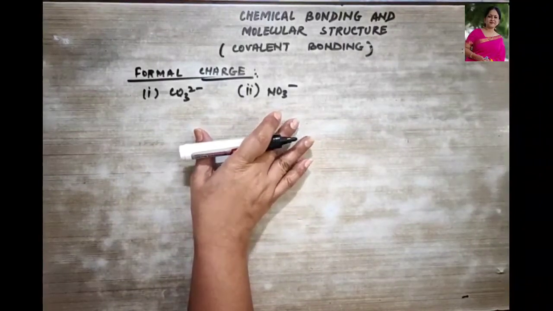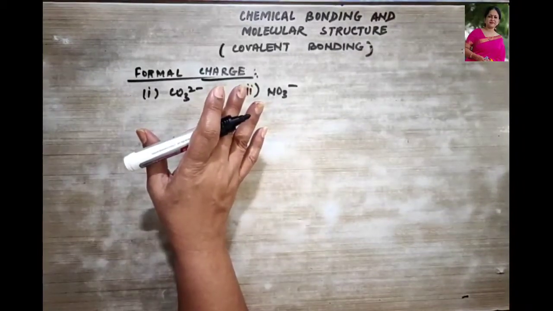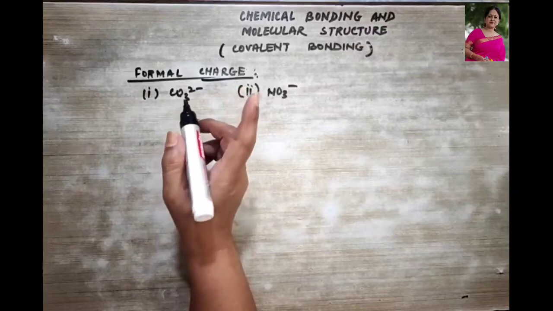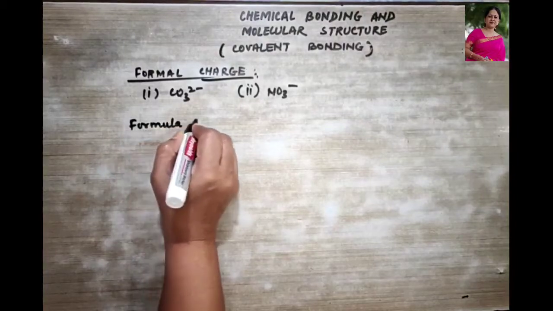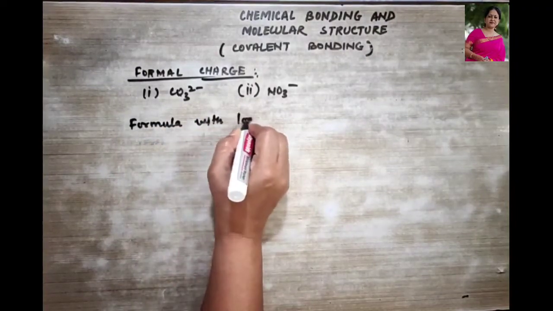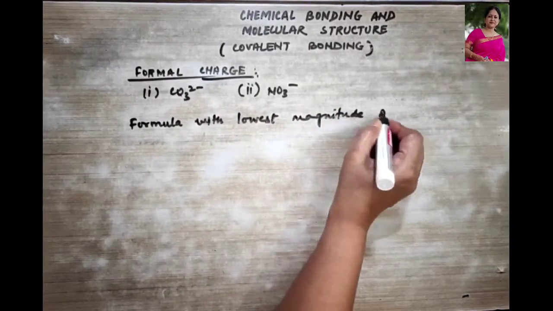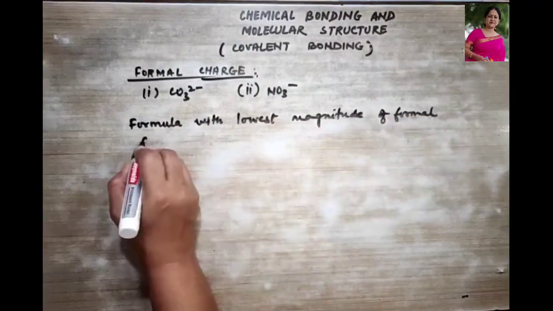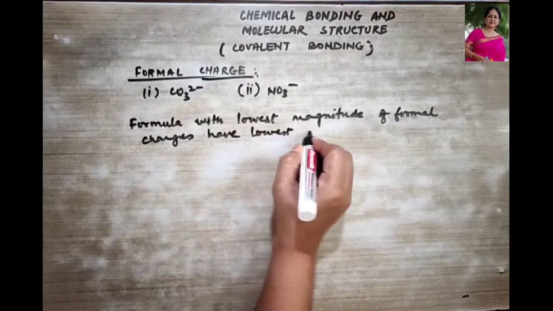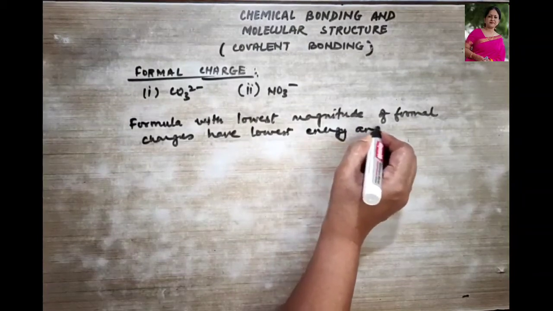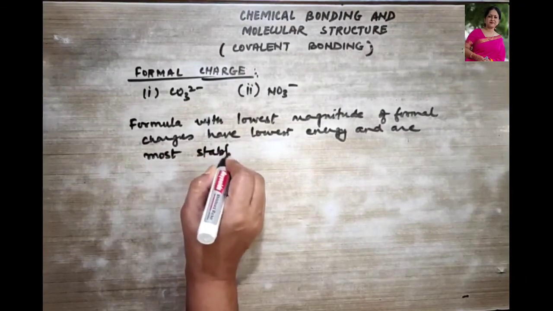Before I wind up, I would like to tell you that the structure with the lowest magnitude of formal charges always has the lowest energy and is the most stable compound. Okay, so the formula with the lowest magnitude of formal charges has the lowest energy and is most stable.